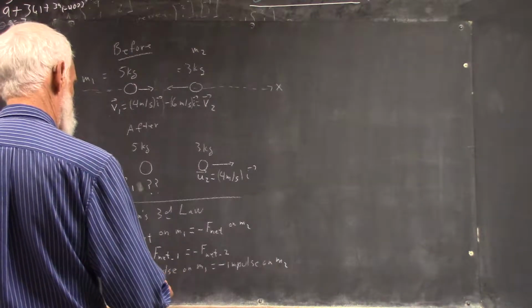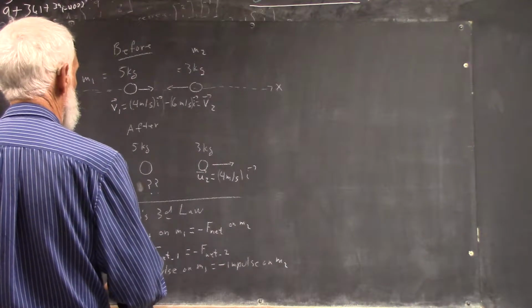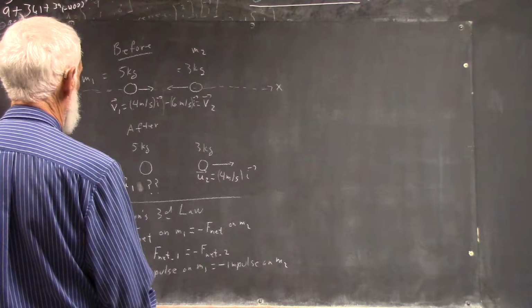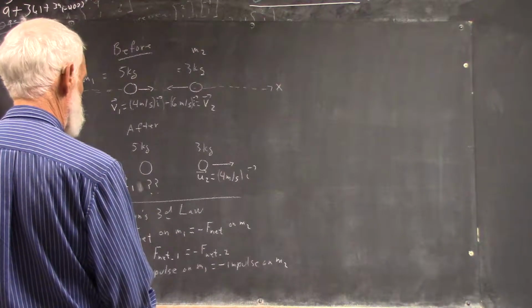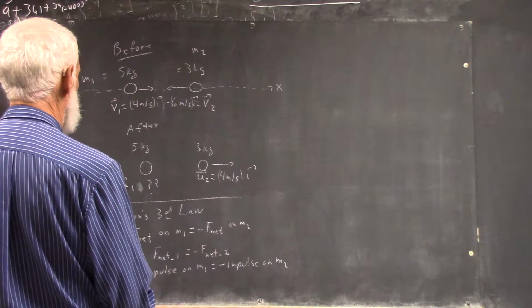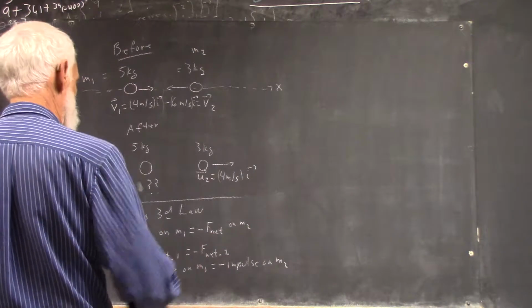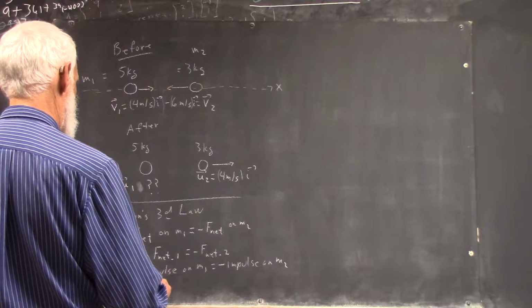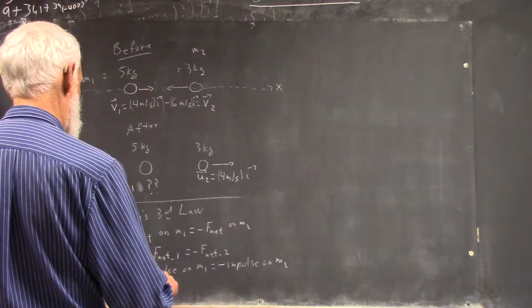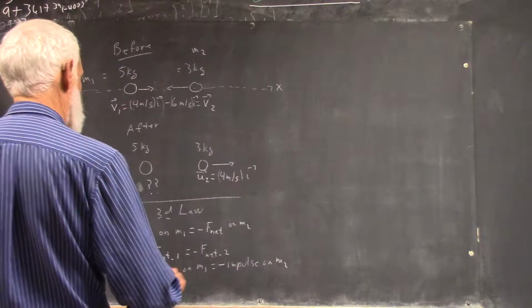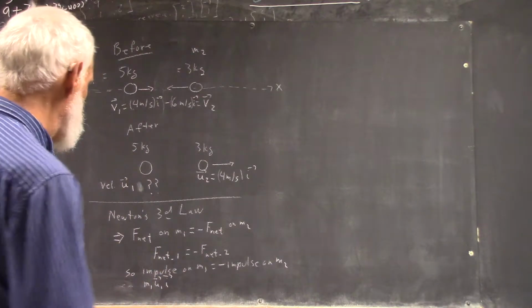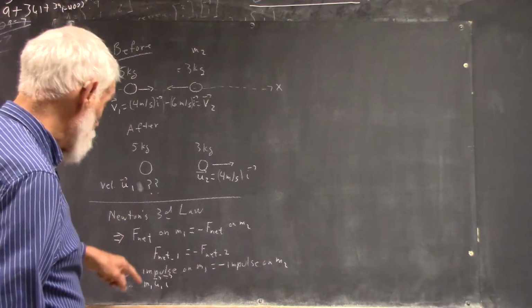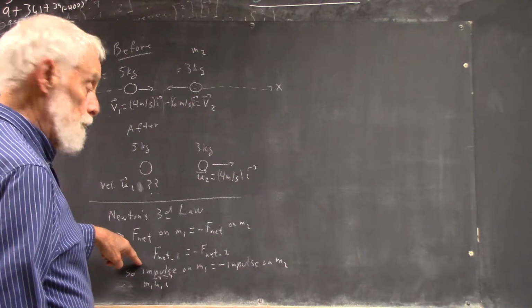From that, it follows, well, let's say it this way. Okay, so M1 times U1, which is the final momentum on M1.